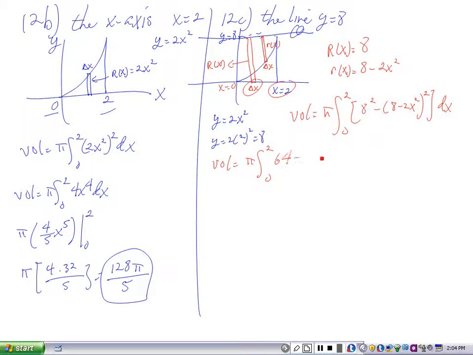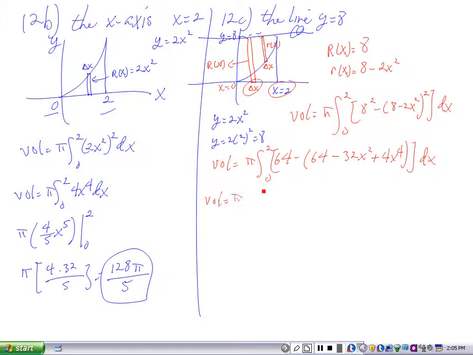We multiply all this out, put it in parentheses, so we get 64 minus 32x squared plus 4x to the 4th, dx.